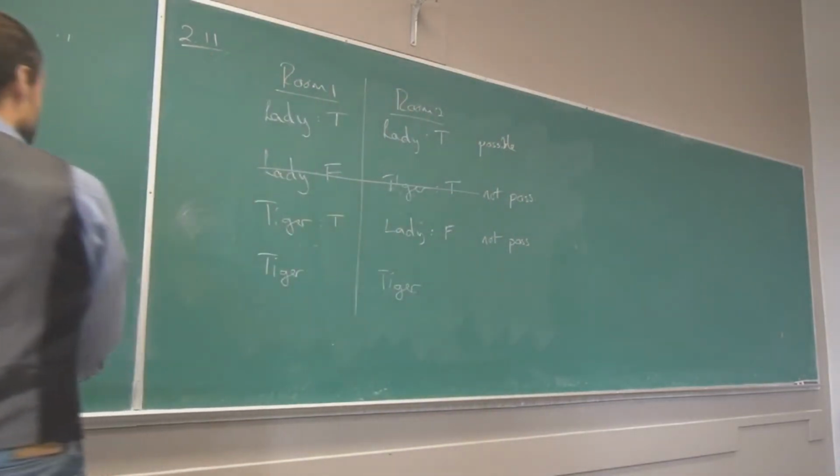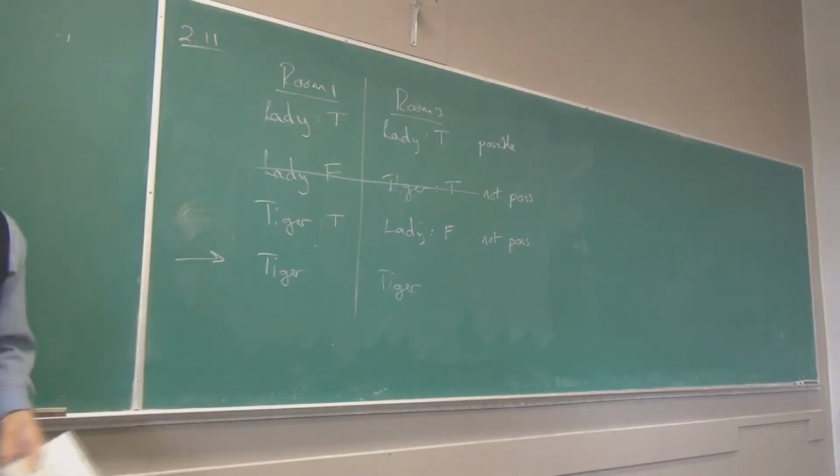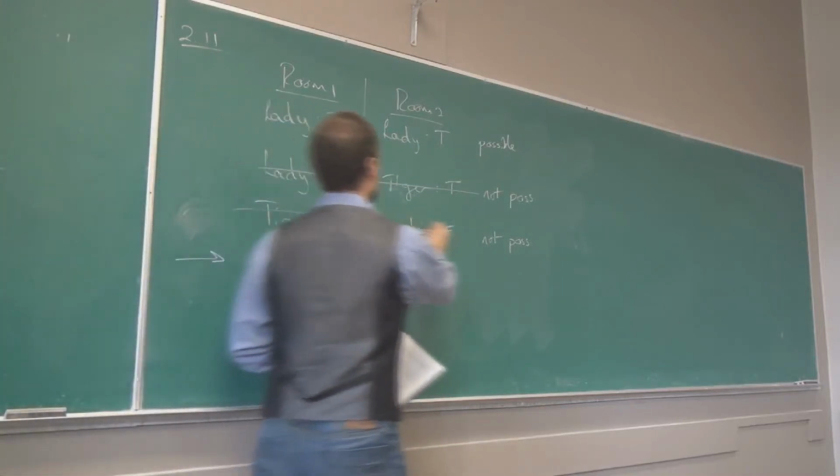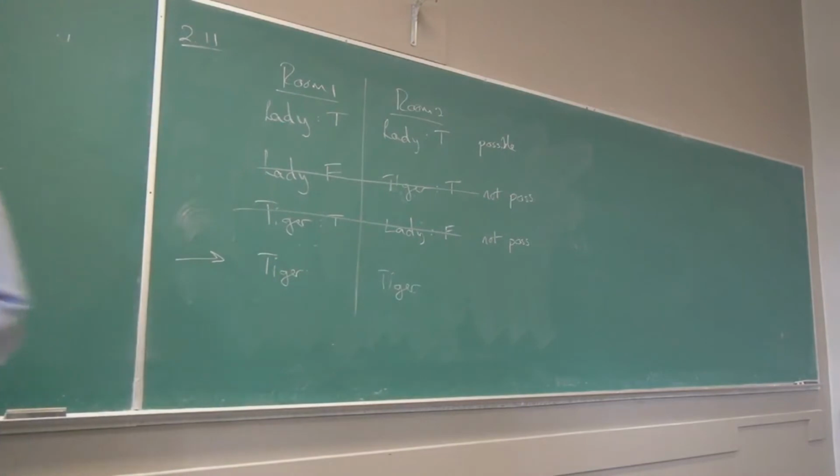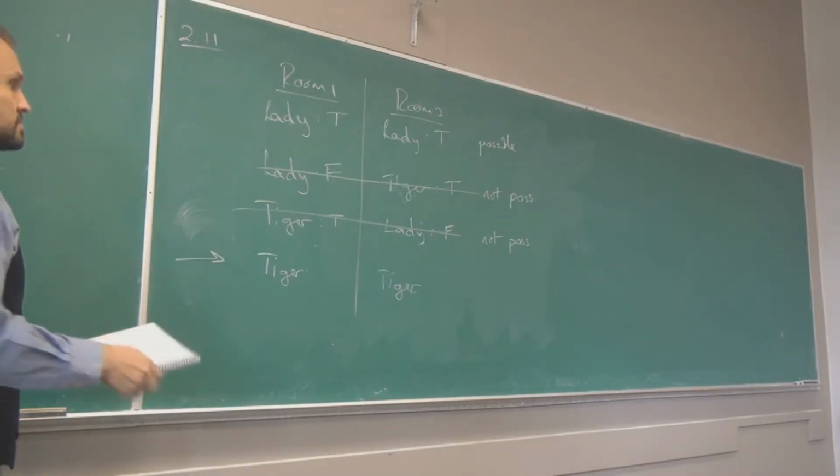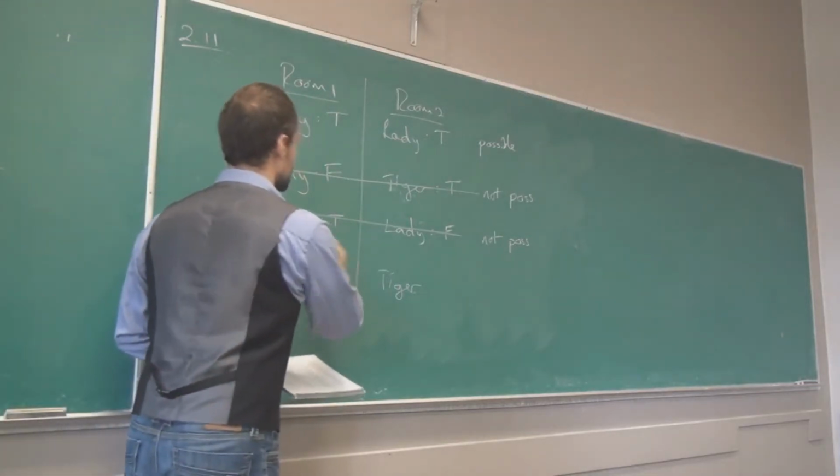The prisoner is getting a bigger smile on their face as we go. Then the last scenario, oh, I need to scratch this out. Last scenario, tiger, tiger. Door 1 says, a tiger is in this room, or a lady is in the other room. That's true, a tiger is in this room.